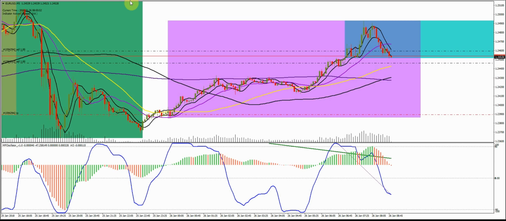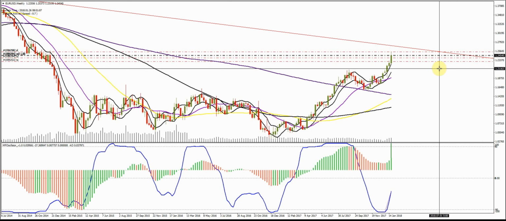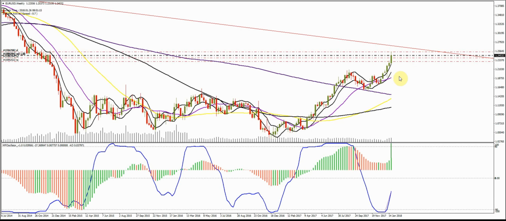With the euro, again just picking some levels. With the euro looking down initially, for us to get back down to sort of 121s, something like that, 121s down here somewhere.